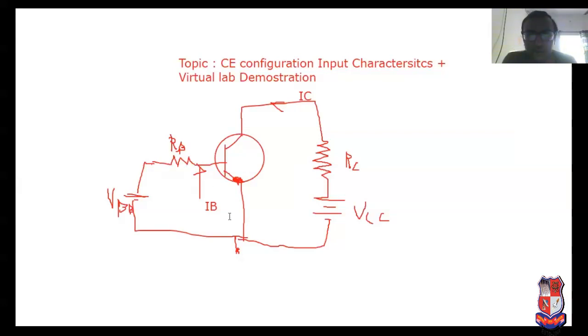Now, input characteristics means what? Here it is known as emitter terminal. I have written here emitter, and here base.